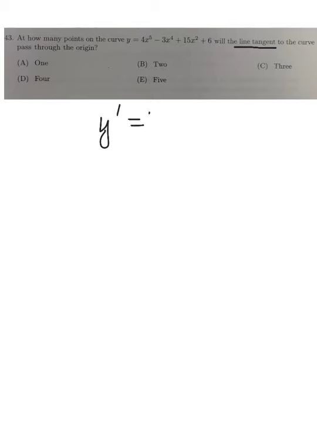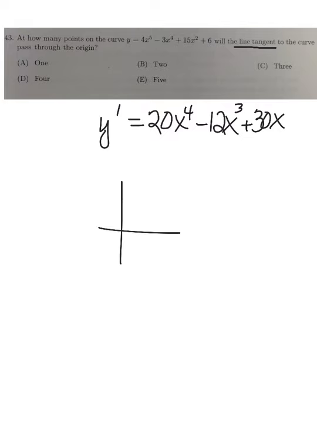That's going to be 20x to the 4th minus 12x cubed plus 30x. And I would throw that into my y1, get yourself a graph, and I think it kind of looks like this-ish. And you see it goes through once, so your answer is choice A.